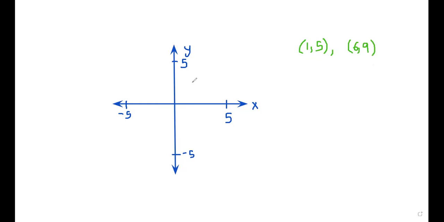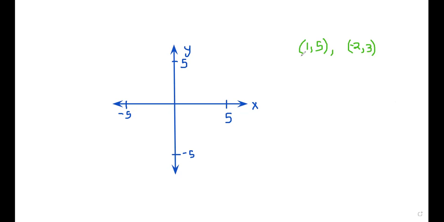Now those 2 points we're going to put on this grid, and we're going to find out the slope of this line. Actually, you know what? We're going to change this a little bit, and let's make the second point -2, 3. Okay, how's that?